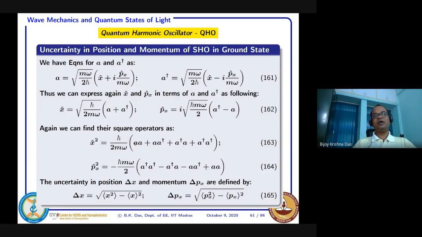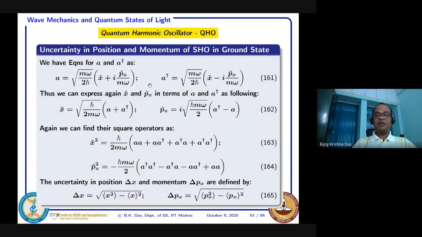Because the ground state is well defined in terms of a function of x, we will be interested to know what the uncertainty is, whether it is possible to measure momentum and position simultaneously for the ground state. So we go back again; we know that we have the definition of A and A dagger like this.